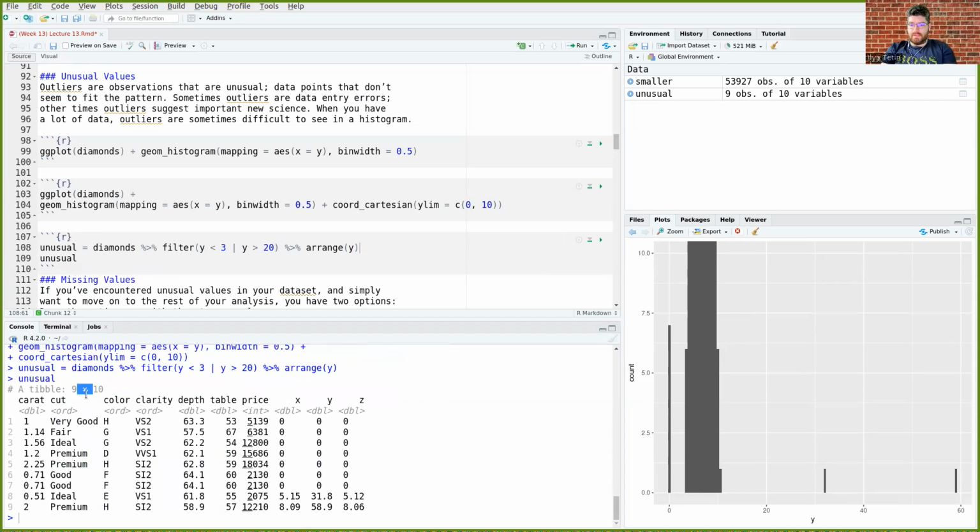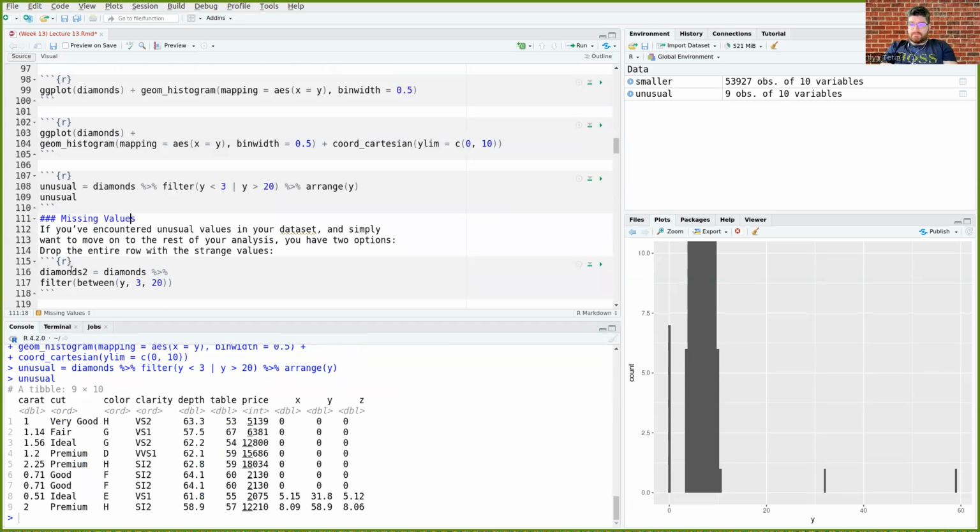It has only 9 unusual values, and we can see what these particular diamonds look like. We can see a premium cut 2-carat diamond with slight inclusions that has a really large y value, and the majority of diamonds do not have this. We're talking about round diamonds only, and this is not round.